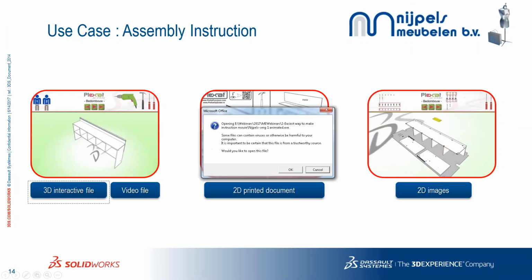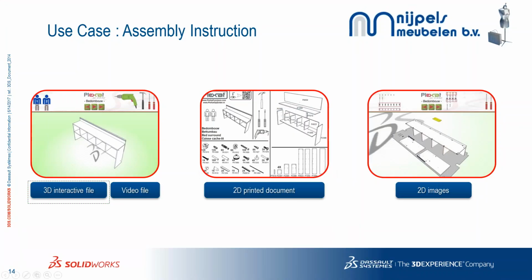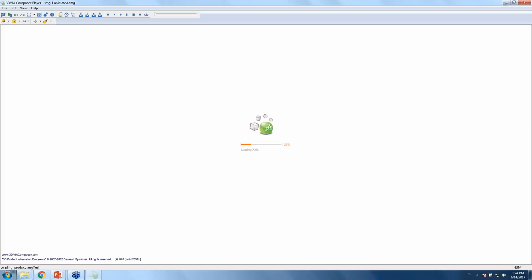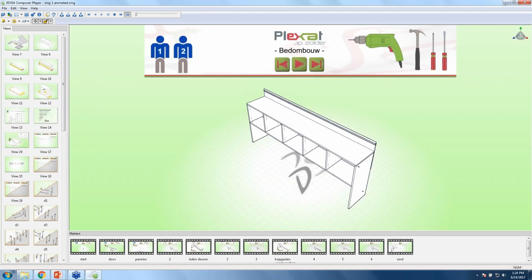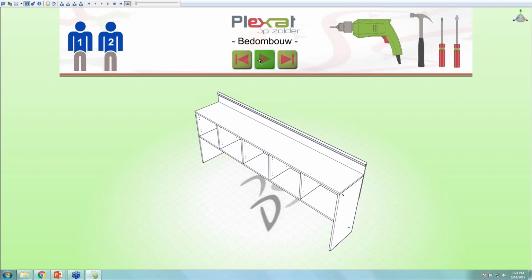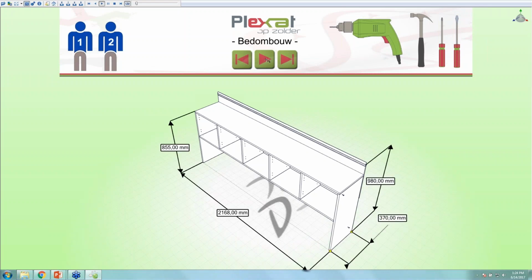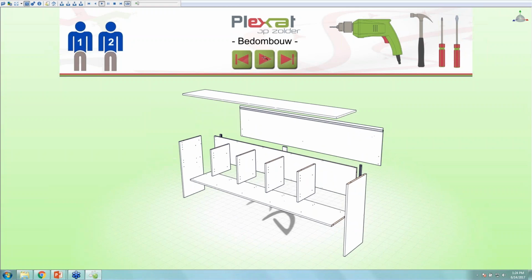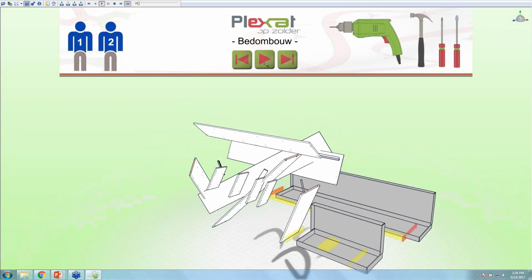And if we look at their 3D interactive file, they made it so that the customer can do the unpacking of their products and do the assembly themselves. And by this way, they really increased their ability to export more complex products rather than the simple ones.